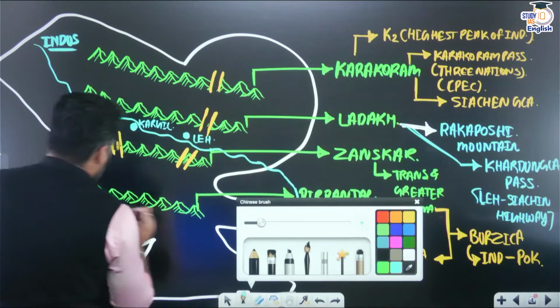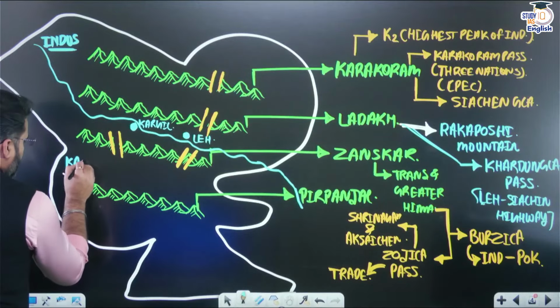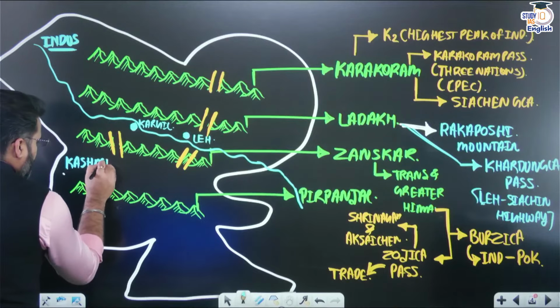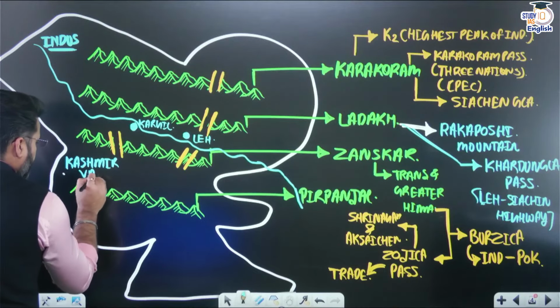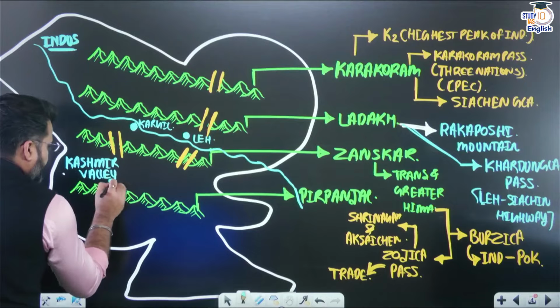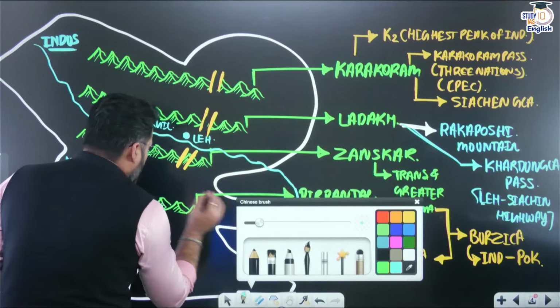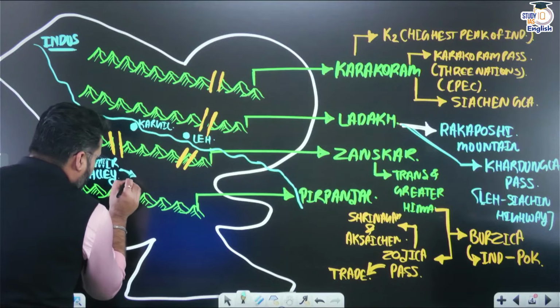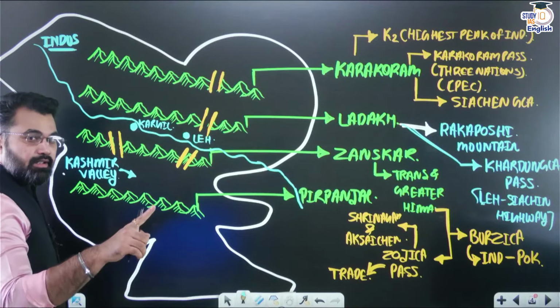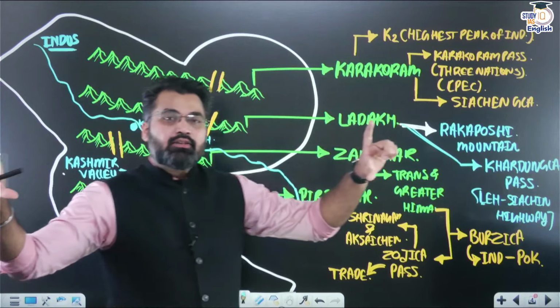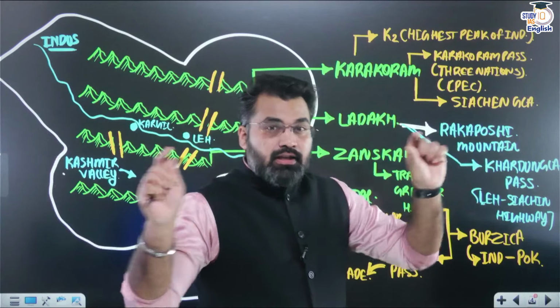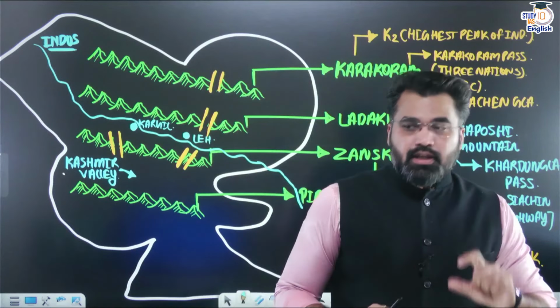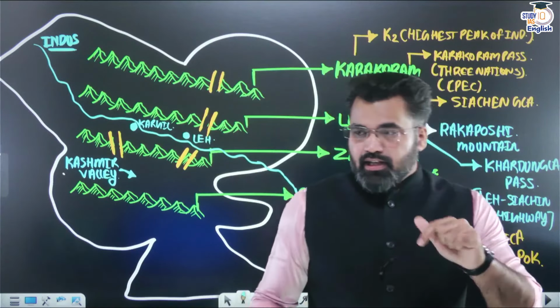This is called Kashmir Valley. Let me mention that name first. Kashmir Valley. And Kashmir Valley contains a place called Srinagar. I am repeating: the valley is a larger portion, and some portion of it is a town called Srinagar. Some students are confused and think that Srinagar contains Kashmir Valley.